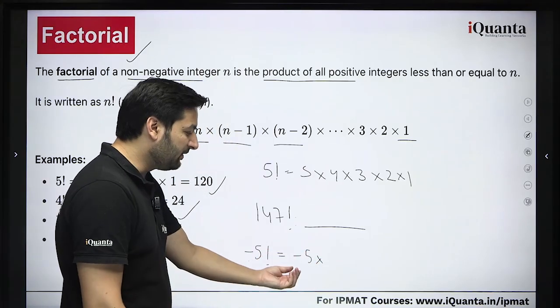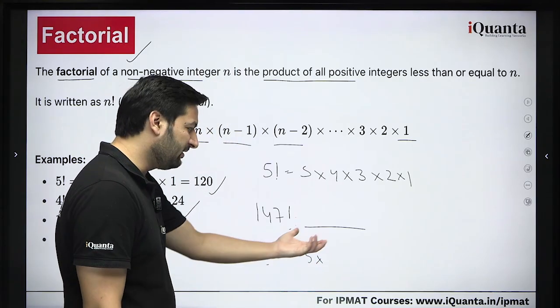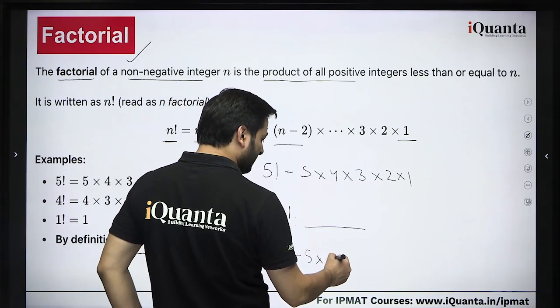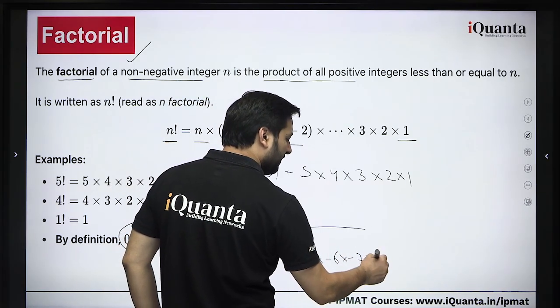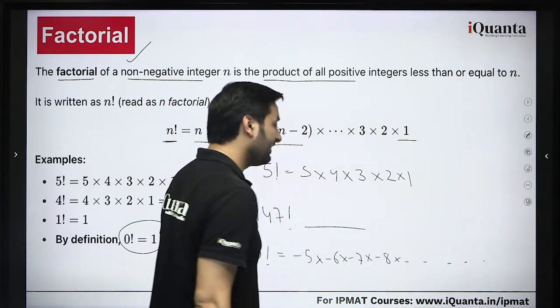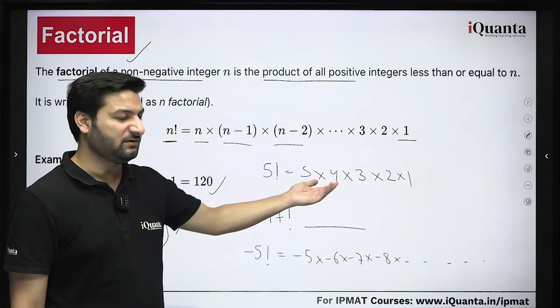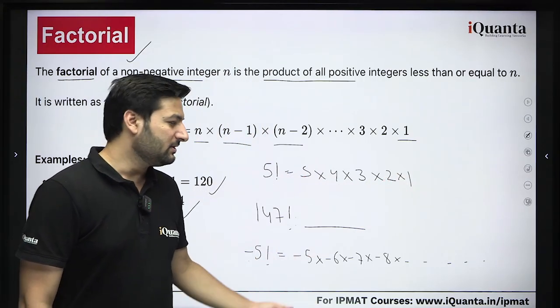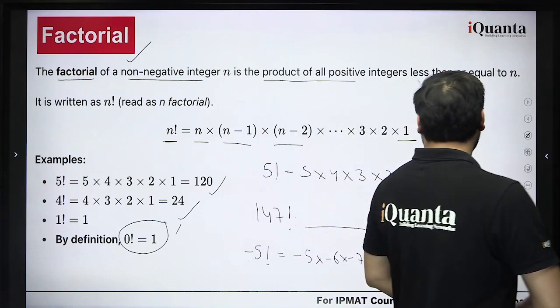We will keep reducing by 1 every time and keep multiplying the numbers ahead. So minus 5, if you reduce 1, you get minus 6, minus 7, minus 8. And this will forever keep going into negative, it will never stop, unlike this situation where we start from a positive integer and we stop at 1, isn't it? So it's not defined for negative numbers as well.